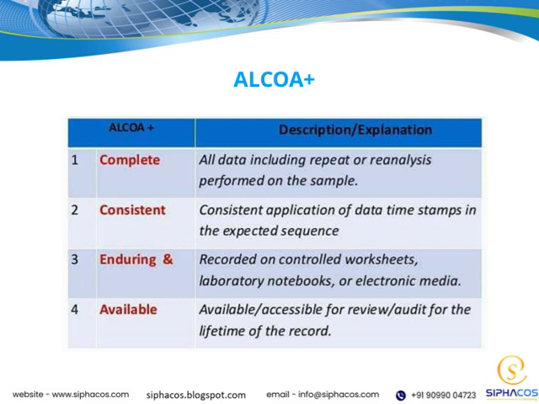The plus signs, complete, consistent, enduring, and available, add further layers of robustness. Complete means capturing all necessary data without gaps. Consistent ensures data is recorded in a uniform way, making it easier to analyze and verify. Enduring highlights the importance of maintaining data over time, and available stresses that data should be accessible when needed for review or audits.